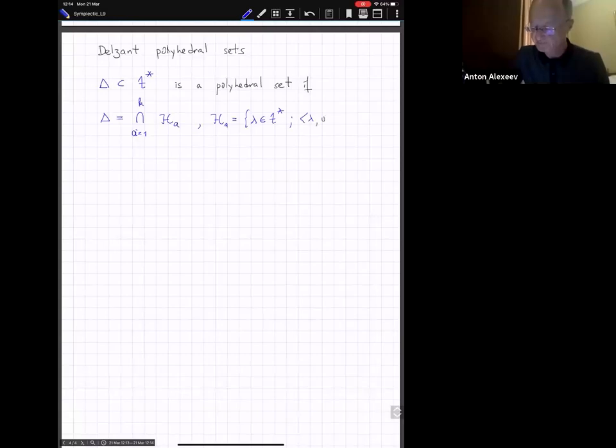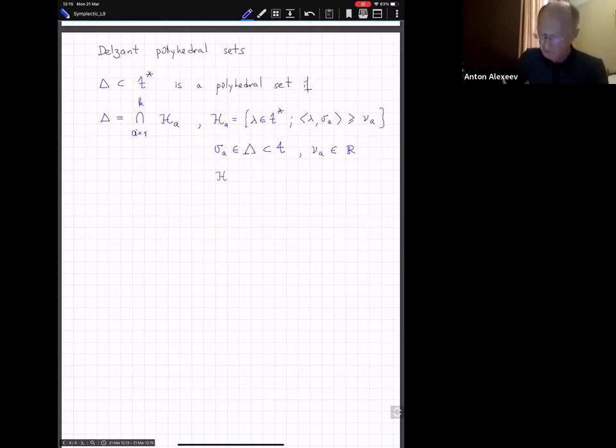It's the pairing of lambda and v_a is greater or equal to nu_a, where v_a is an element of the lattice, which is sitting inside T. And here I'm using the pairing between T and T star. And nu_a is just a real number. So in other words, H_a are half spaces.